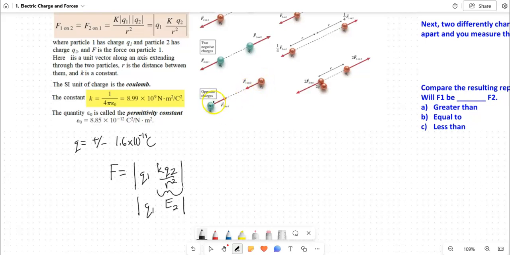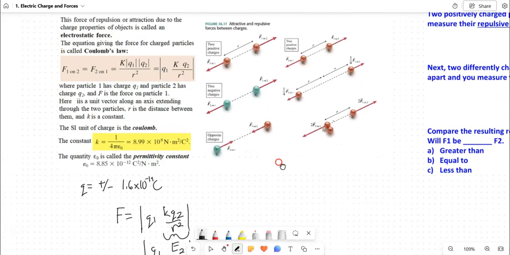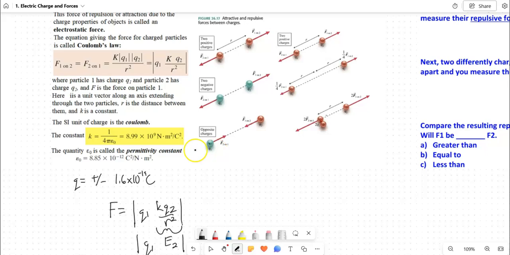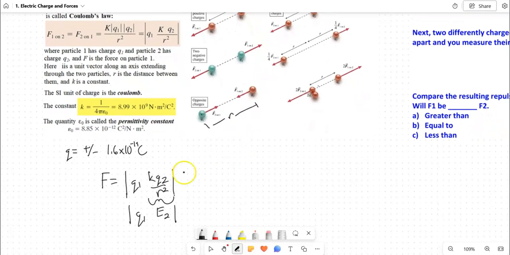And they're this far apart, which is a distance r apart. r is a good placeholder; it's either x, y, or z. If it was horizontal, it would be in the x direction. If it was vertical, it would be in the y direction. So we'd put x squared here or y squared there.